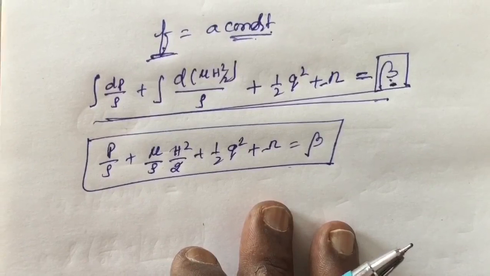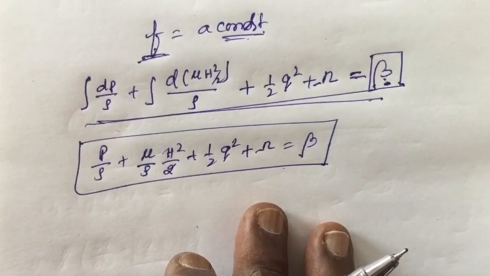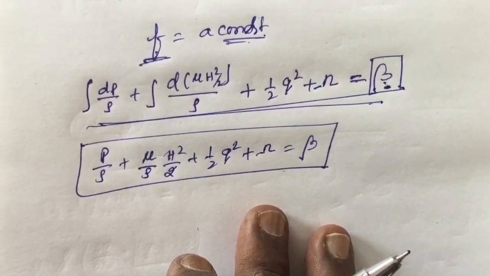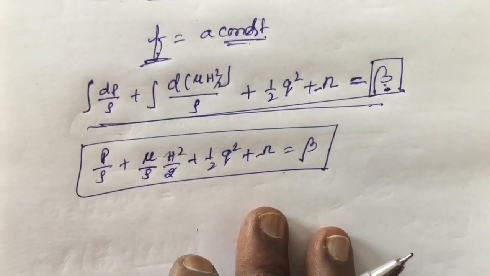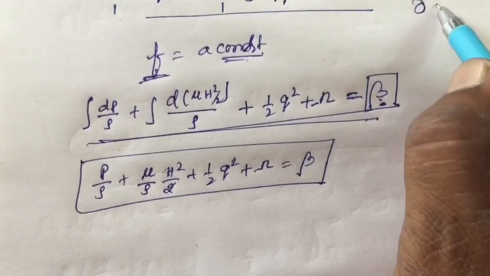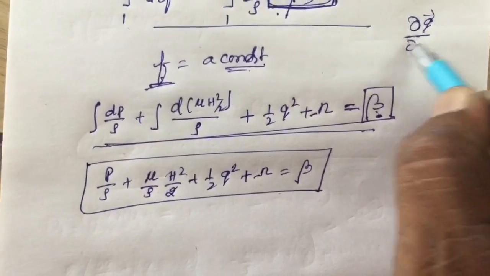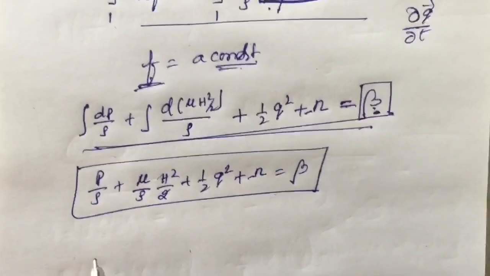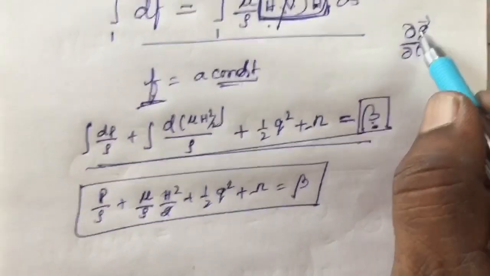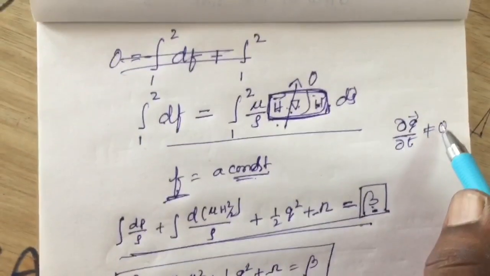Now we shall go for case 2. Case 2 is the flow is unsteady, but irrotational. Flow is unsteady means del q by del t is not equal to 0.